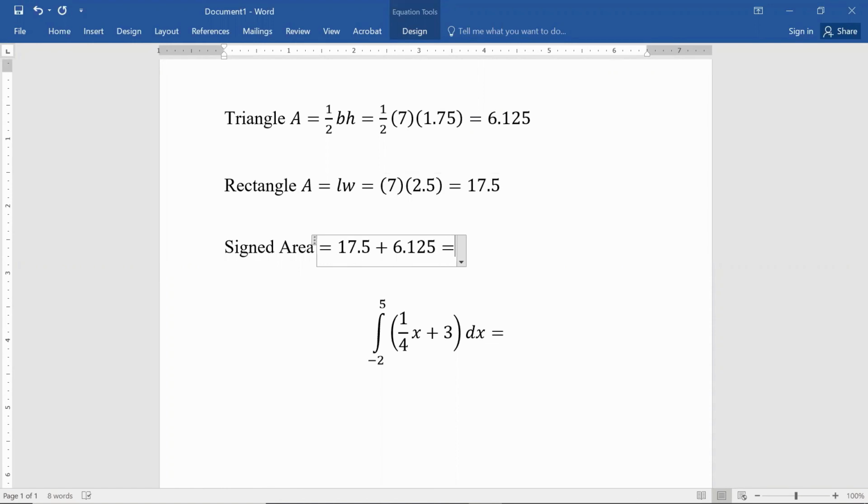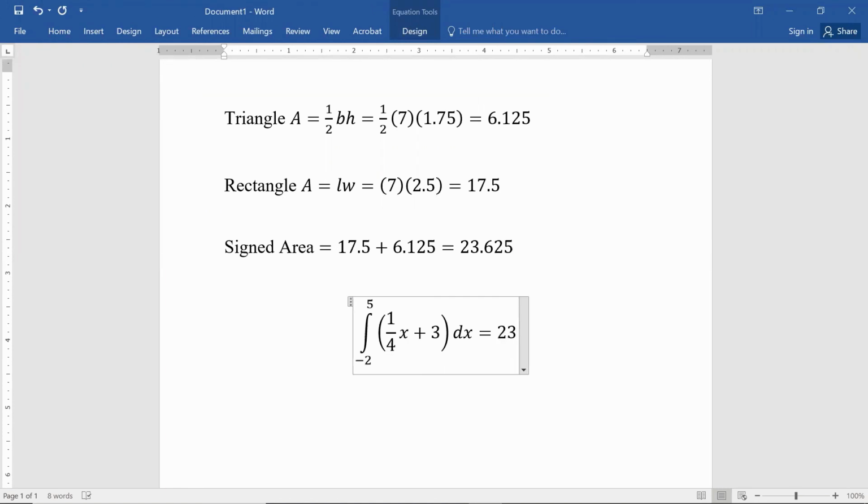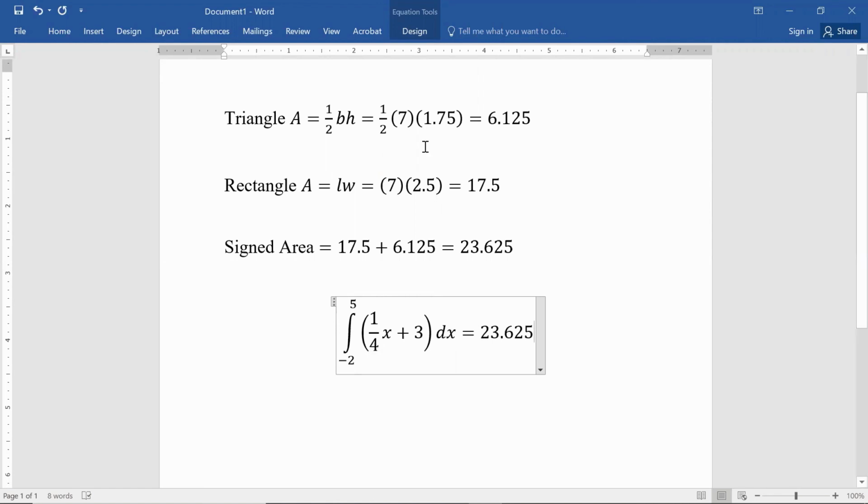So the signed area is 23.625. And that is exactly what the definite integral is. The definite integral from -2 to 5 of 1/4 x plus 3 with respect to x would be 23.625. That's how you can accomplish this problem.